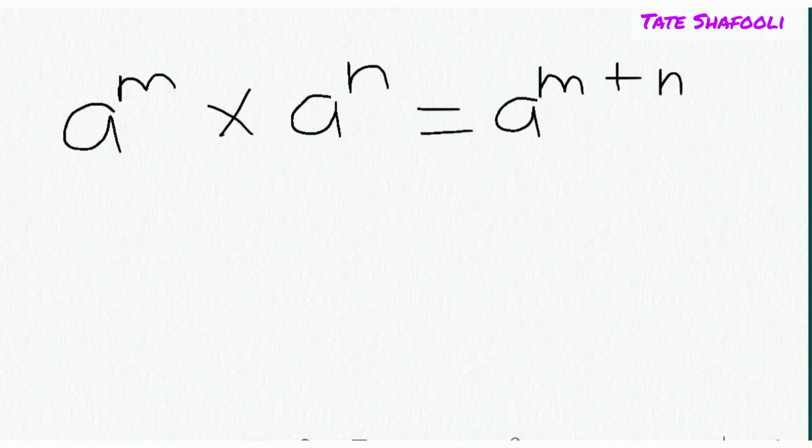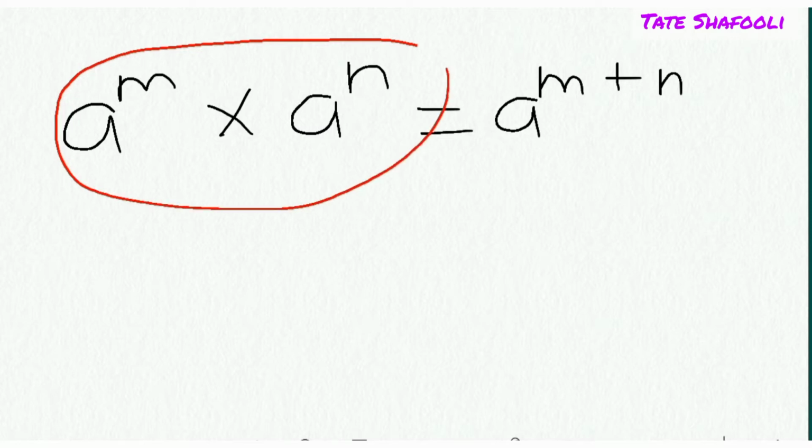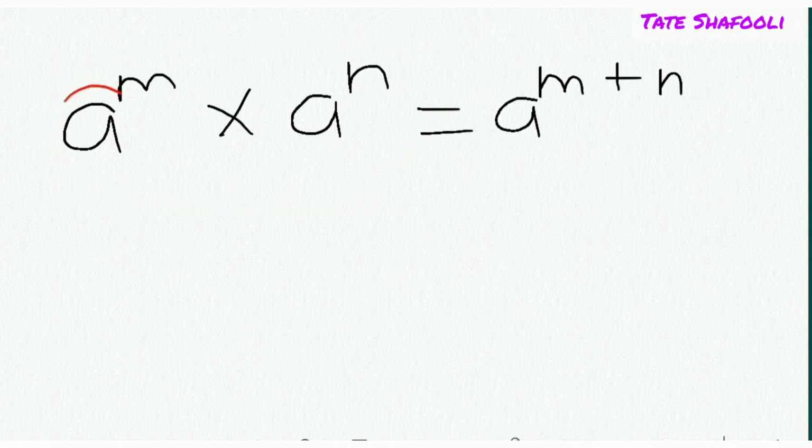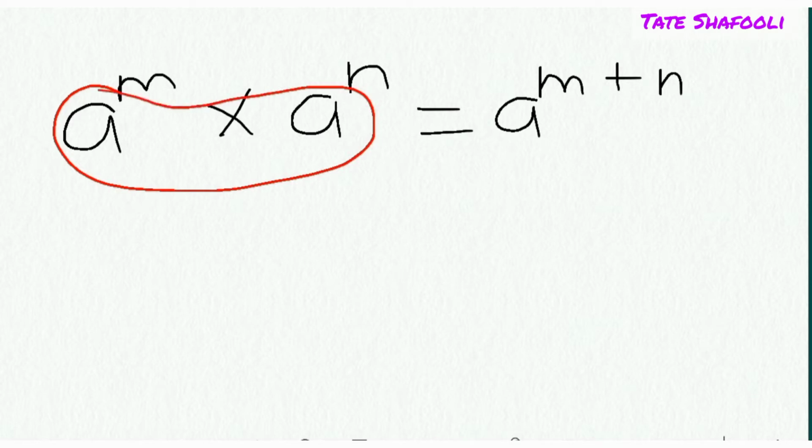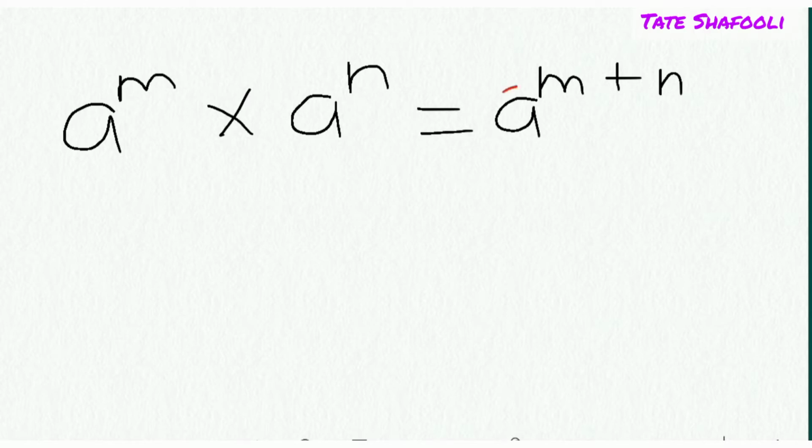This rule was discovered by a mathematician long time ago, before we were born. And this rule says that if you find numbers multiplying each other in this form and the bases are the same and there's a multiplication sign, we must only write one base and then we add these indices together.